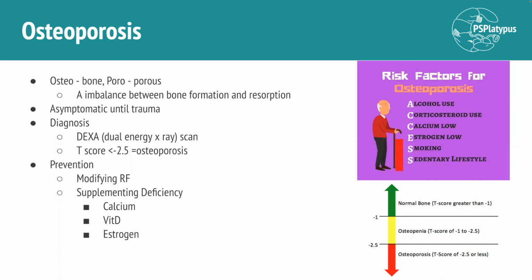Risk factors for osteoporosis are easily summarized in the word ACCESS, which is alcohol use, corticosteroid use, low calcium, low estrogen, smoking, and sedentary lifestyle. In terms of diagnostic criteria, that is done via DEXA scan, or dual-energy X-ray.